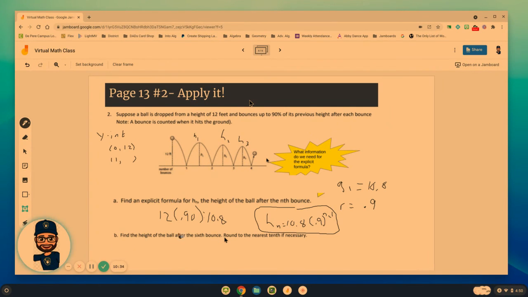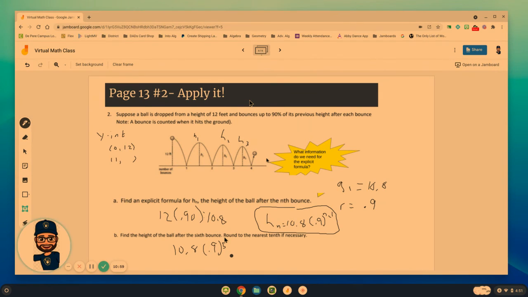So find the height of the ball after the 6th bounce means they want us to calculate it that 6th time. So 10.8 times 0.9 to the power of 6 minus 1 means I'm going to use it to the power of 5.